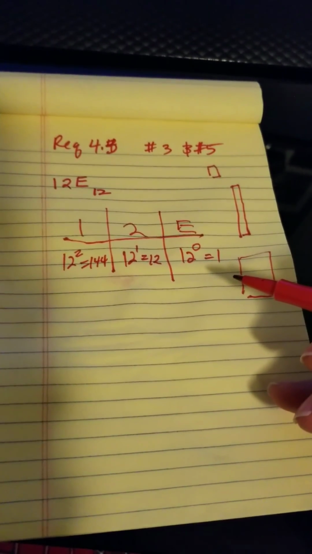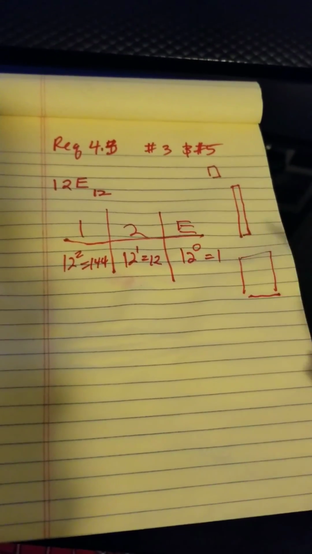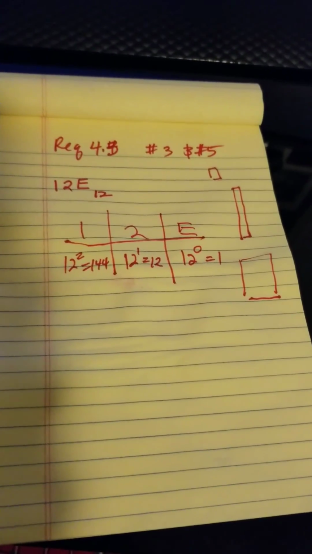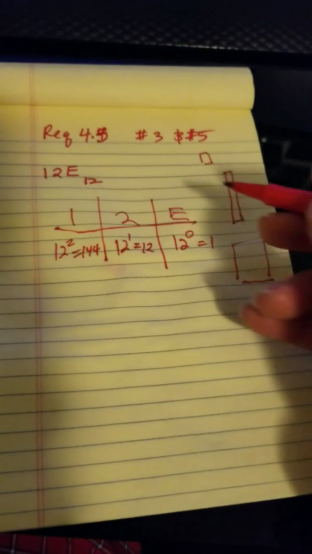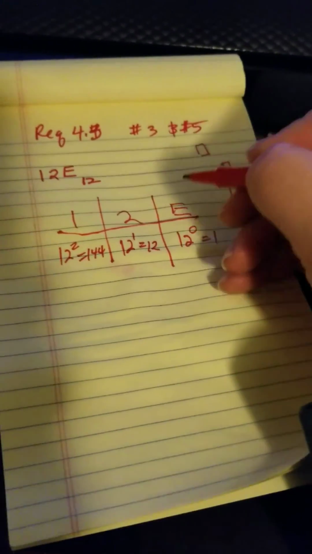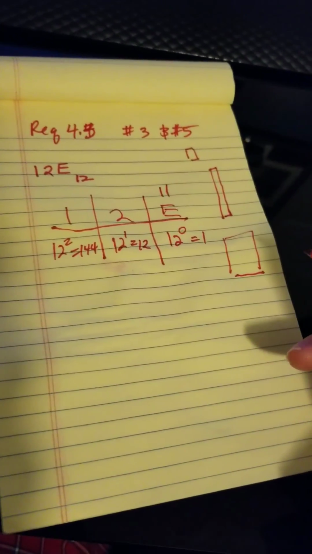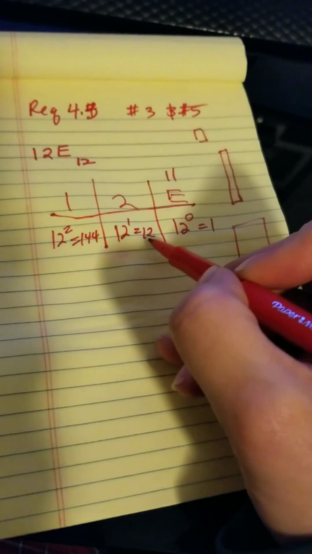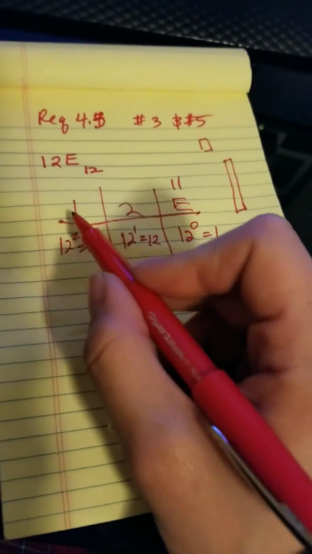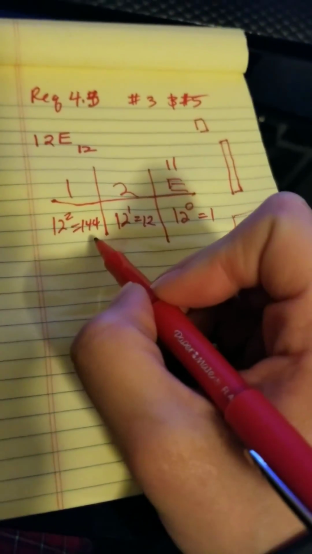If you look, they have 0, 1, 2, all the way up to 9, and then they have a T and an E. Their T represents 10, and their E represents 11. So this is 11 as we know it. So this is like 11 of our base 10 singles, and then 2 bars of 12, and then 1 block of 144.